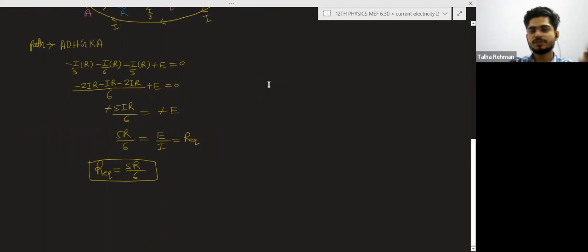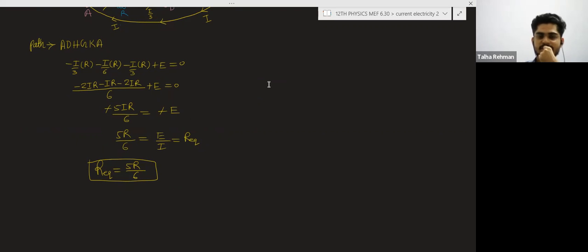This type of question you can get in your exam also, where you have to apply Kirchhoff's laws. And Kirchhoff's law is a very important topic for your board exam. Generally, students are confused in this topic because they do not know how to take the direction and how to choose the loop.